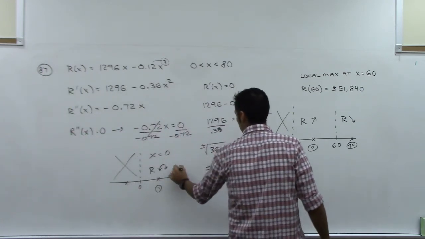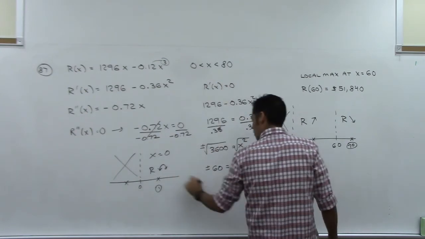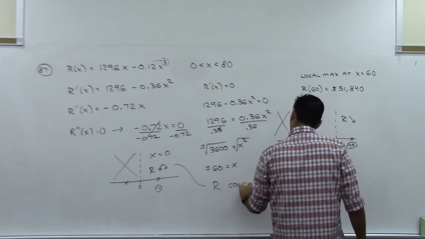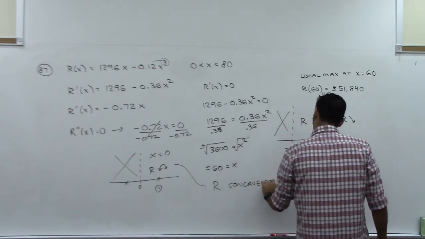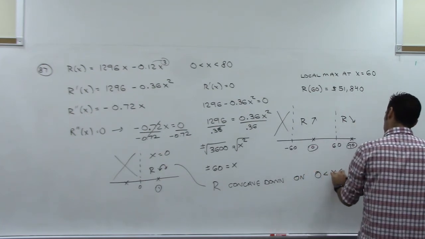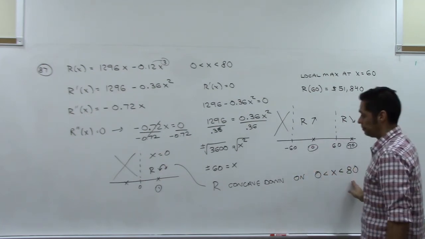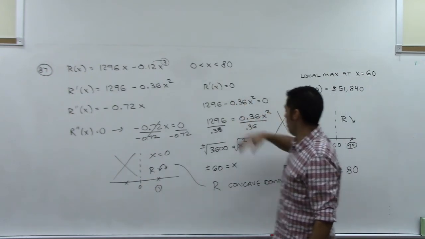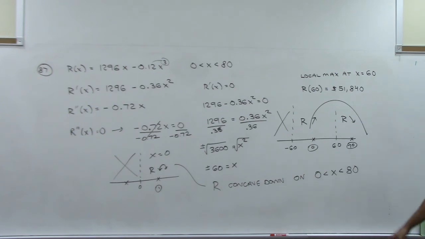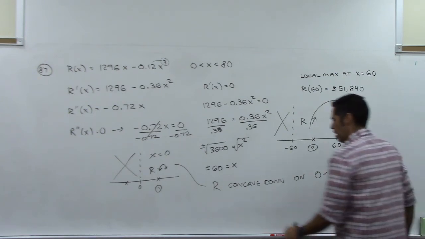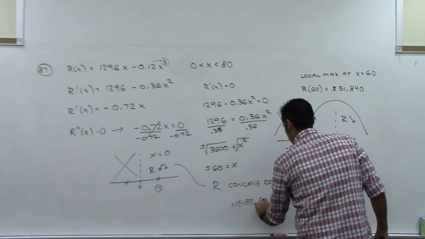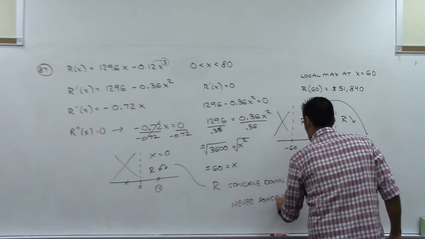Well, you would say the revenue is concave down on the entire interval from 0 to 80. So the whole time we're concave down. So this graph kind of looks like this. And then it's never concave up.